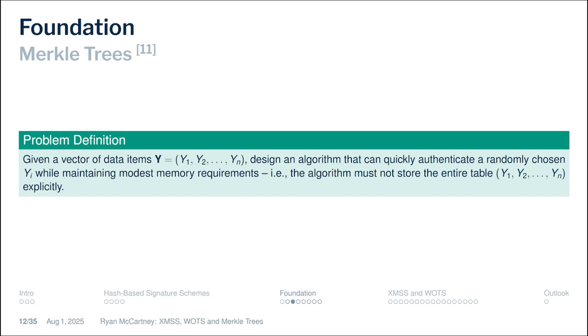So formally defined, this would mean that a vector of data items y from y1 to yn has to be authenticated. So we have to be sure that this comes from Alice or A, and without A having to give us the whole vector.